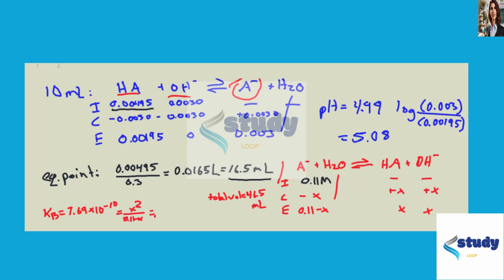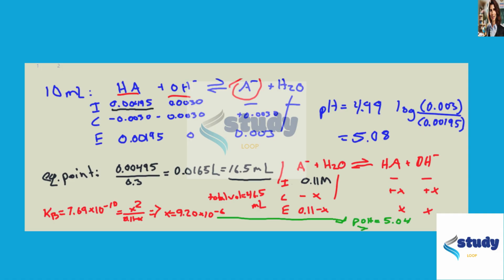And then when we solve for x, we get x is equal to 9.20 times 10 to the minus 6. So this here can give us pOH by taking the negative log, and we get 5.04.